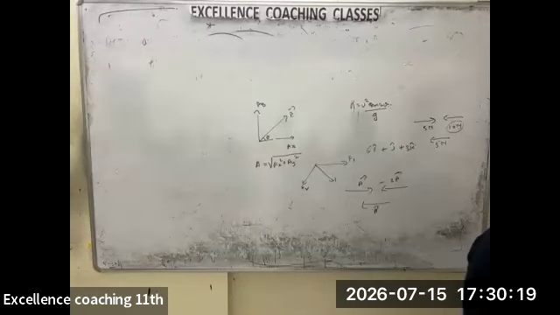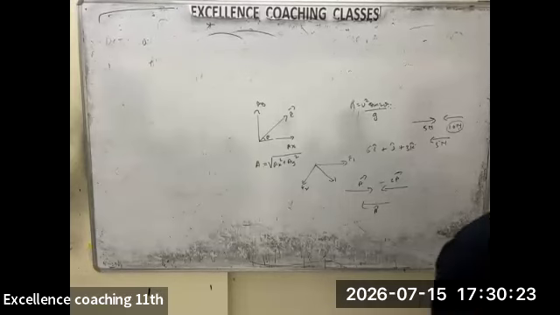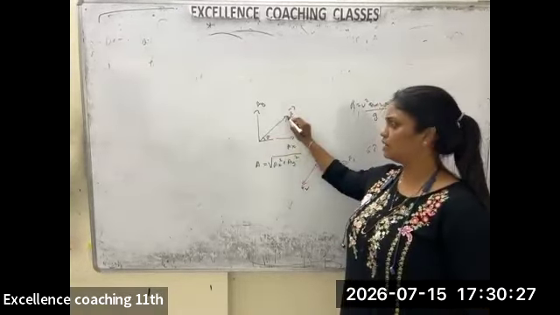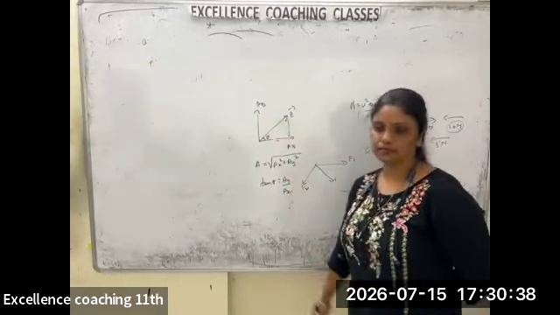And last one, what is the formula to find the direction of vector A with respect to the x-axis? So it will be tan theta is equal to opposite upon adjacent, so Ay upon Ax.